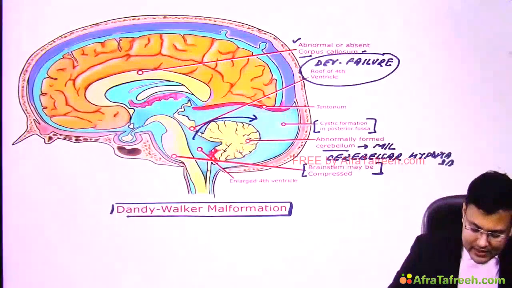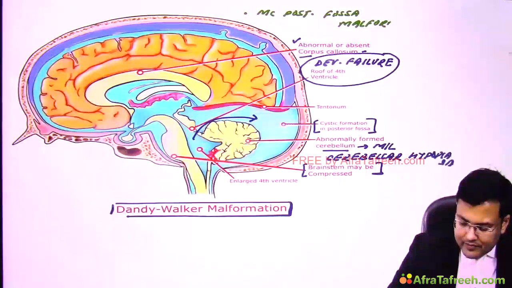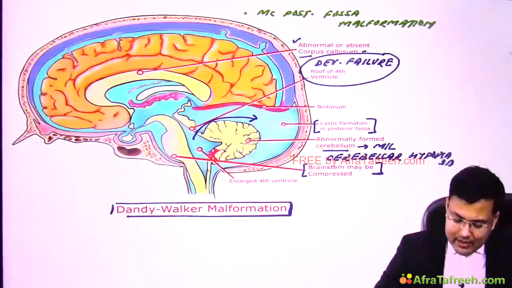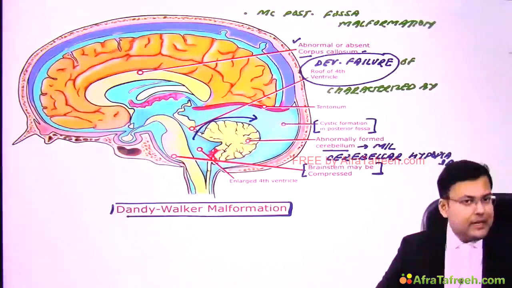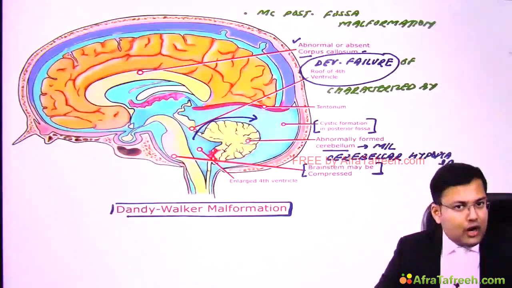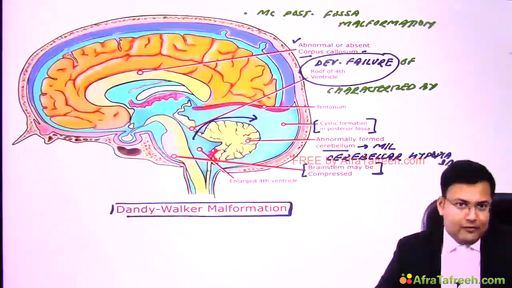First question, it's the most common posterior fossa malformation. Okay, and it's characterized by developmental failure of roof of fourth ventricle.